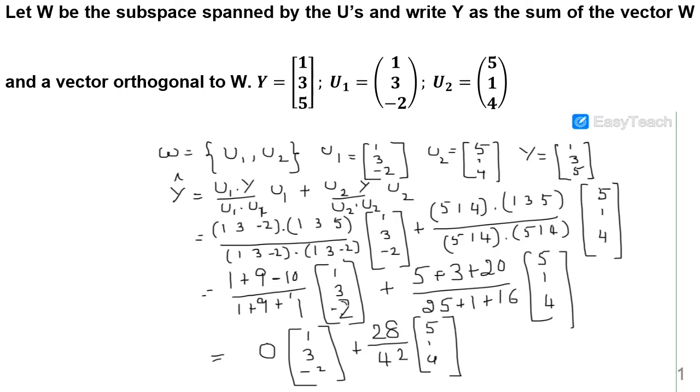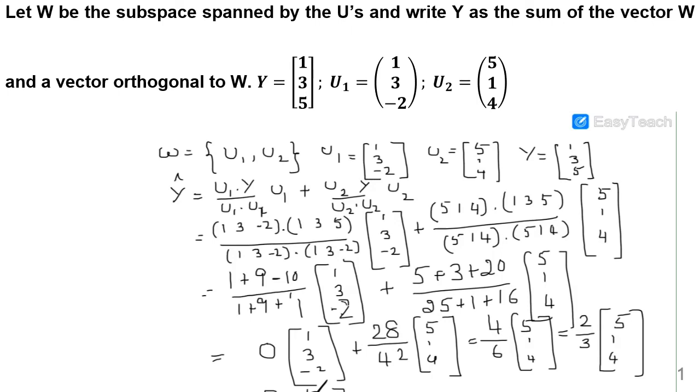So I get 28 by 42 as 4 by 6 times (5, 1, 4). Further reduction, it is 2 by 3 times (5, 1, 4). So I can write this as (10 by 3, 2 by 3, 8 by 3).